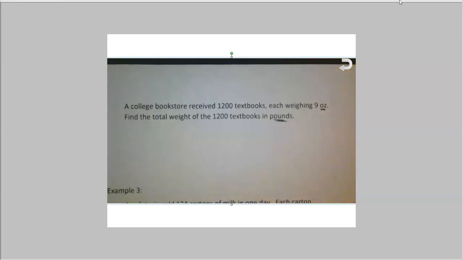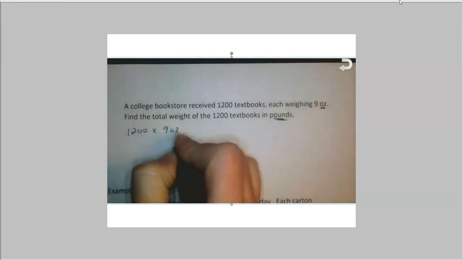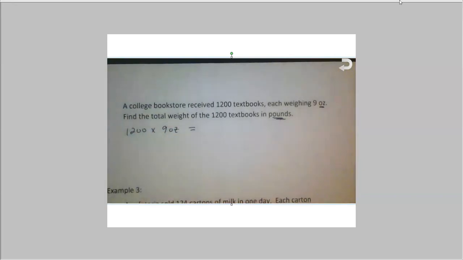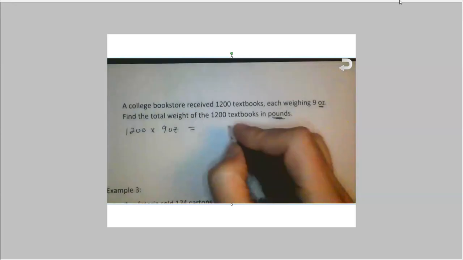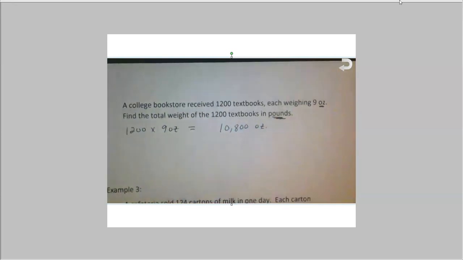So let's work with what we've got so far. 1,200 books, each weigh 9 ounces. So let's multiply that to see the total number of ounces of those books. If I multiply that, I get 10,800 ounces. All those books weigh that much.